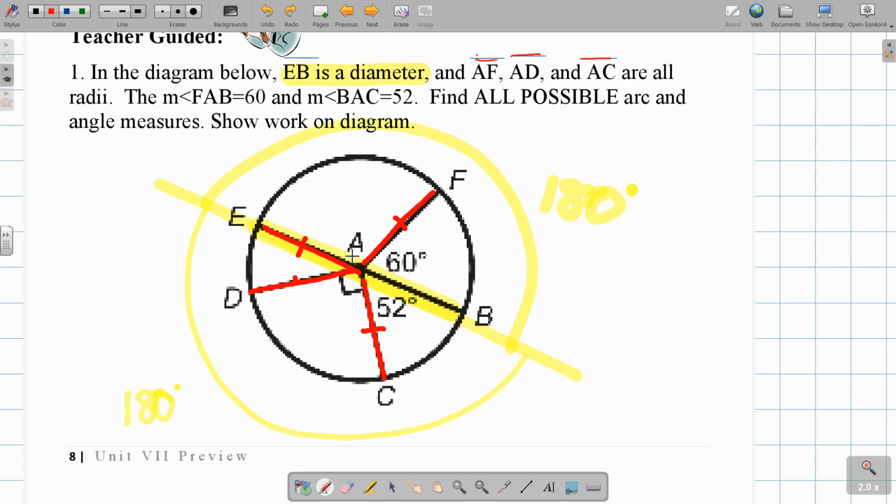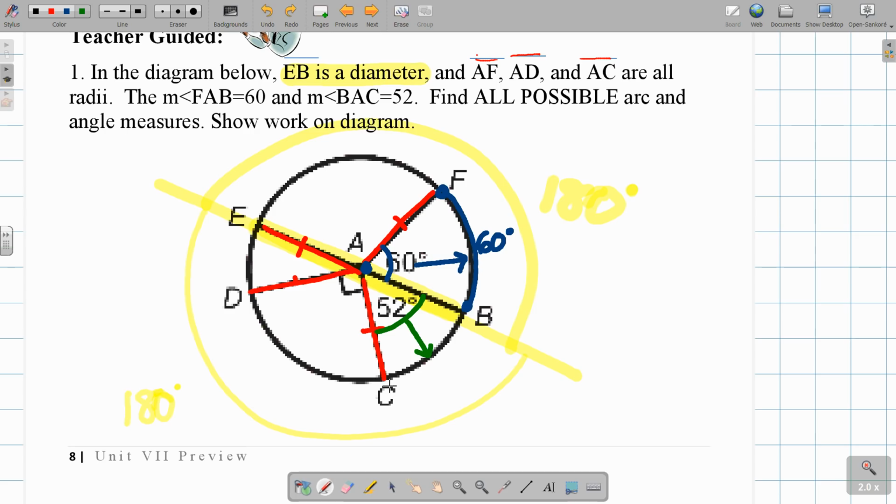Now, knowing this, we have these angles. If this angle connected to the center is 60, the first thing you can do right there, measure of the central angle to its arc there, same. So the arc F to B is also 60 degrees. This one right here, 52 degrees.